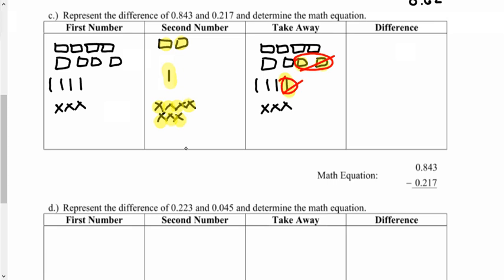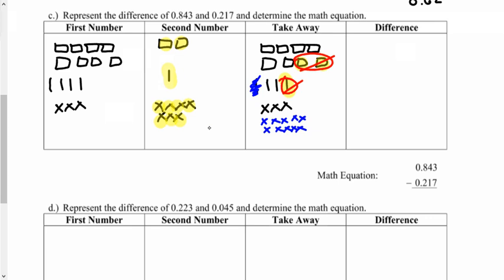Oh man, I only got 3 of them here. So what I'm going to have to do is come back up here and convert one of these. I'm going to change one of these rods, get rid of that, and turn it into 10 units. There. That rod turned into all of those units.